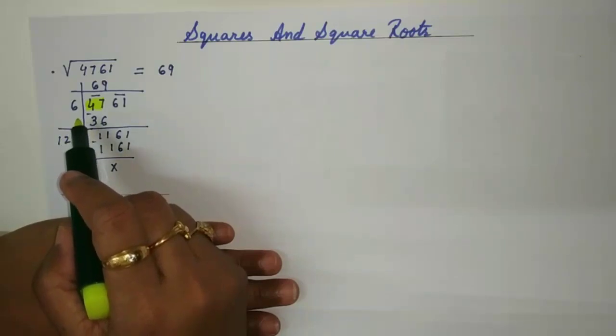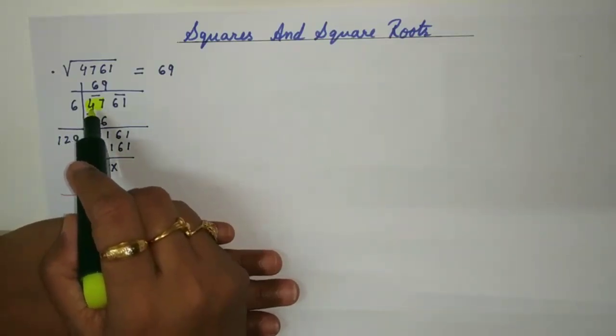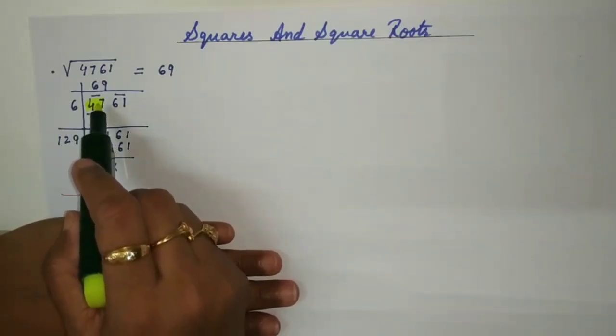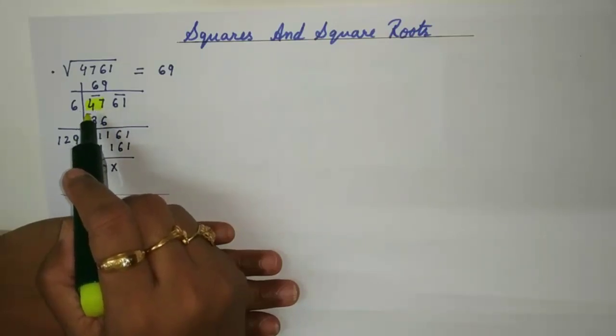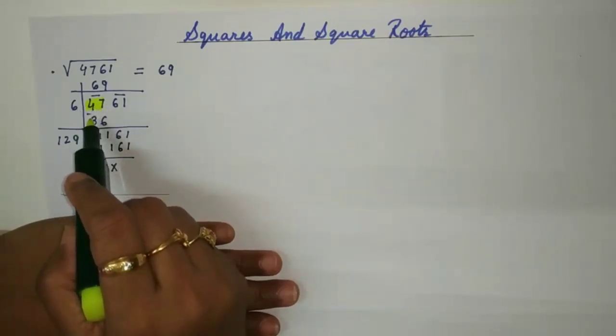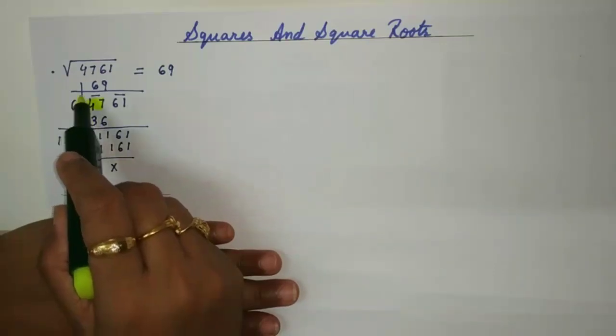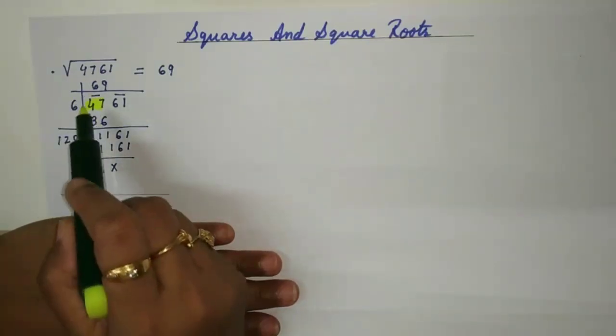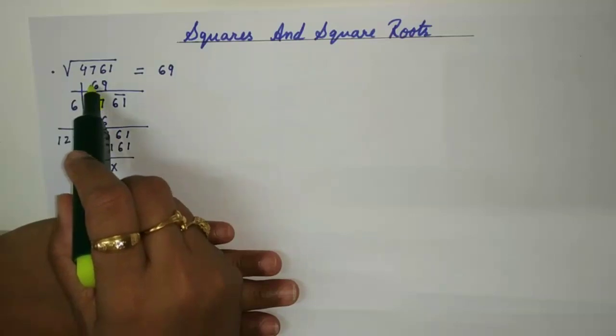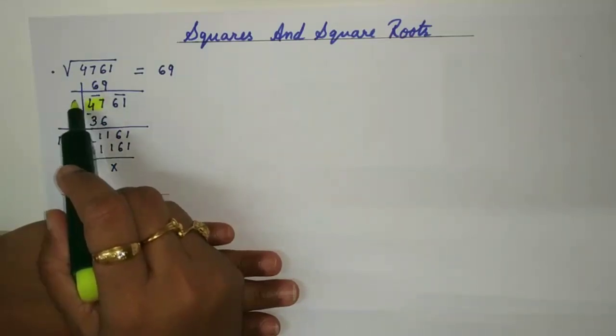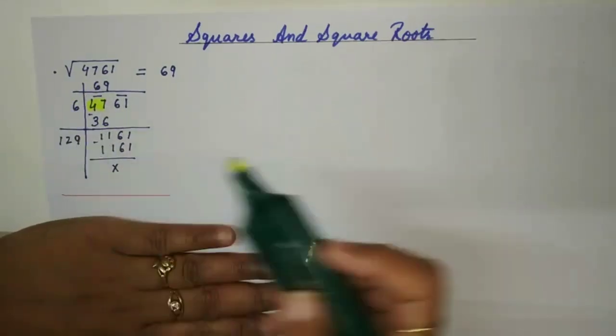Now we don't have any such natural number whose square is 47. So definitely we are going to look for a number which is less than 47, and immediately less is 6. So 6 6 are 36. Here the quotient is 6.